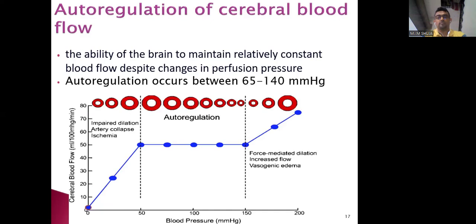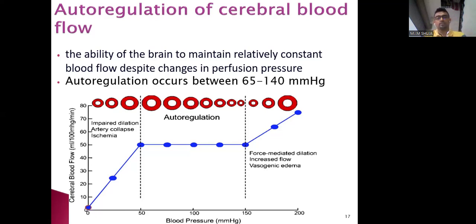So, the autoregulation of the cerebral blood flow. What is autoregulation? Autoregulation means the ability of any organ to maintain relatively constant blood flow to that particular organ despite changes in the perfusion pressure. When it comes to the brain, it is the ability of the brain to maintain relatively constant blood flow despite changes in the perfusion pressure.